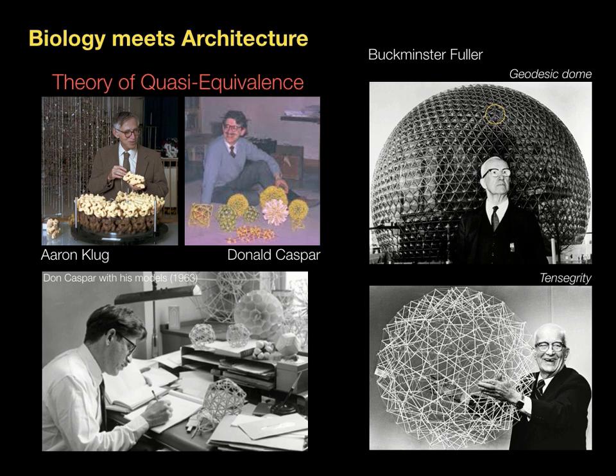We usually think of a viral capsid as this rigid ball, but viruses also have elasticity as well. So in a virus, there are no ropes, but there are chemical interactions that are going to maintain the shape of the virus.